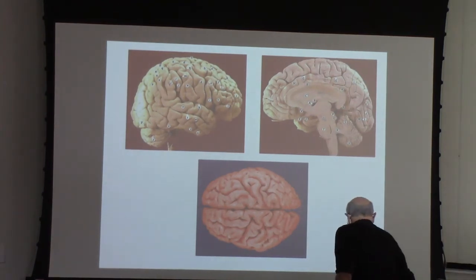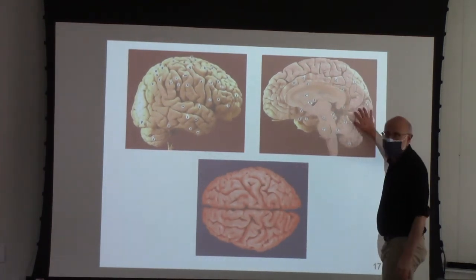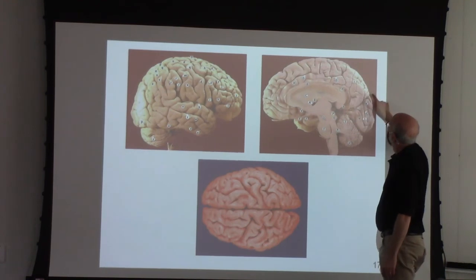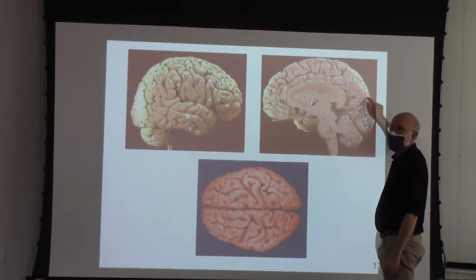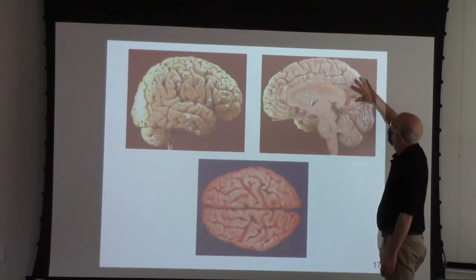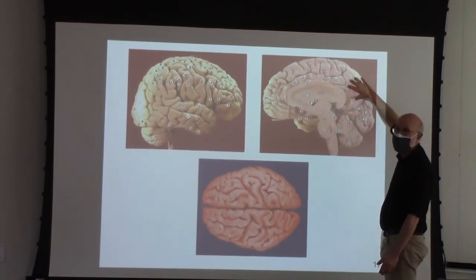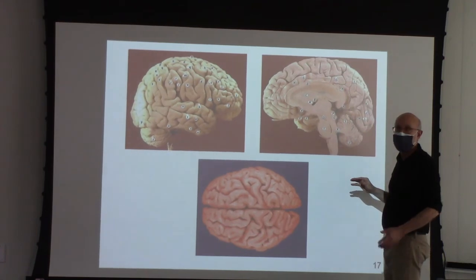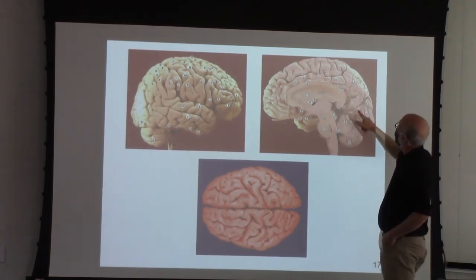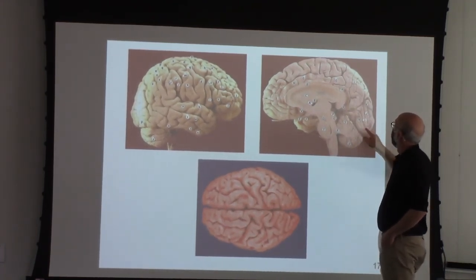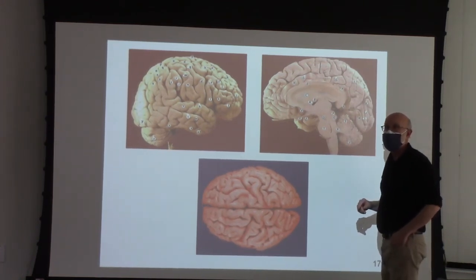Over here, what lobe? Occipital lobe. There's a sulcus here with a very helpful name: the parieto-occipital sulcus, the sulcus that separates the parietal from the occipital. That one's easy. There's another sulcus here that has a different name.